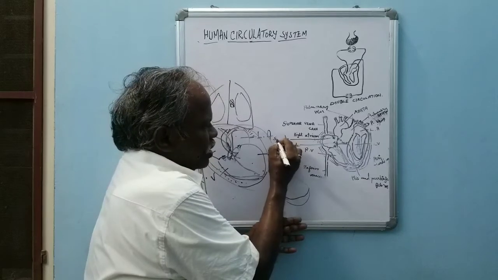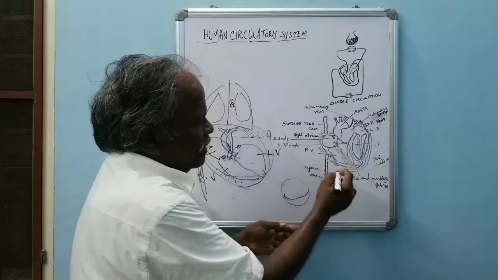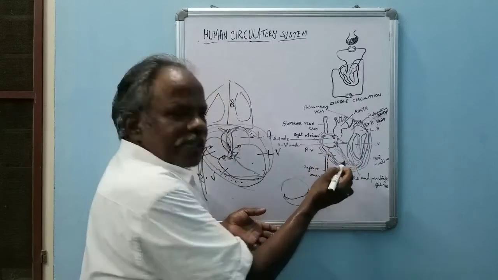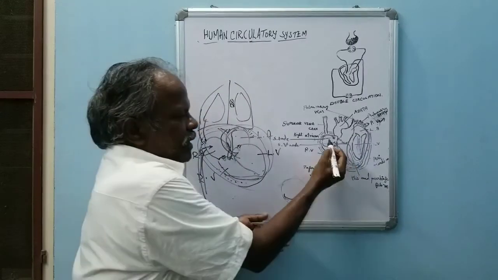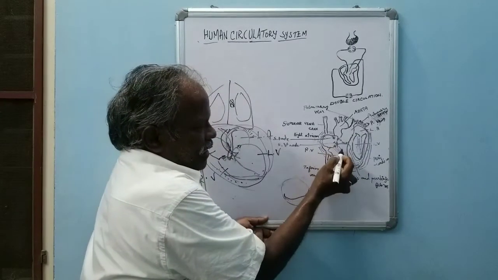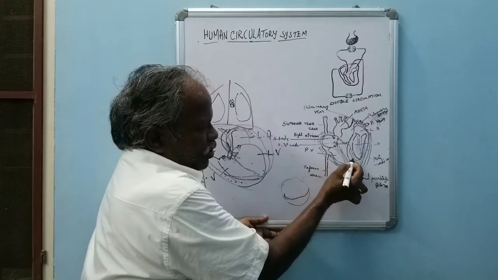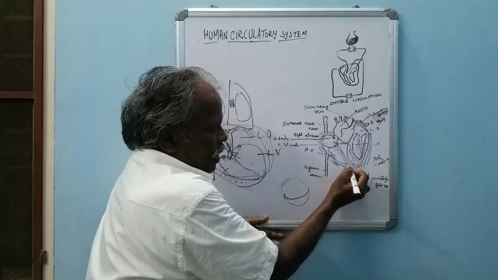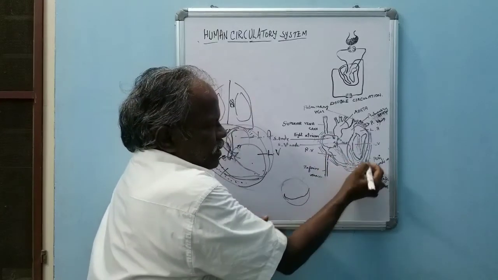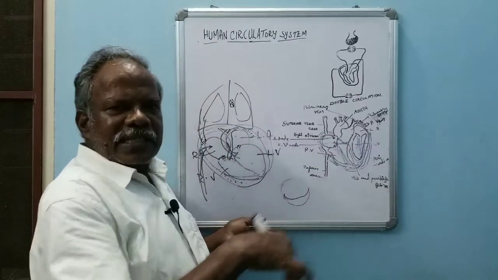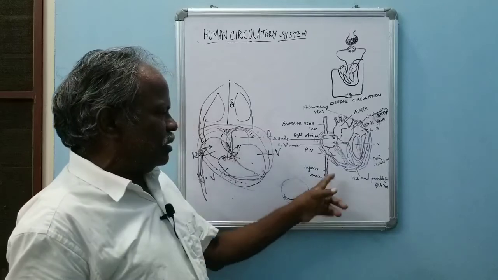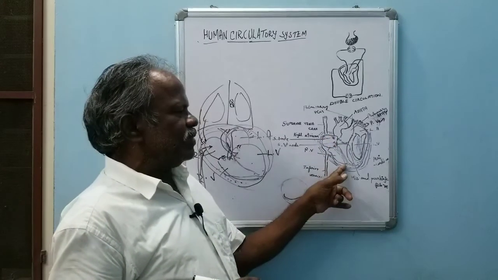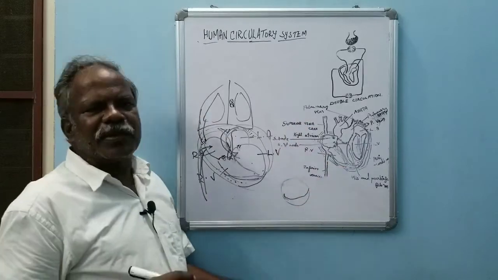The SV node is attached to the His and Purkinje fibers, which first come down, divide into two, and then go through the upper part of the ventricle. So these are the sino-auricular node, sino-ventricular node, and His and Purkinje fibers. These are all the structural arrangements of the heart.